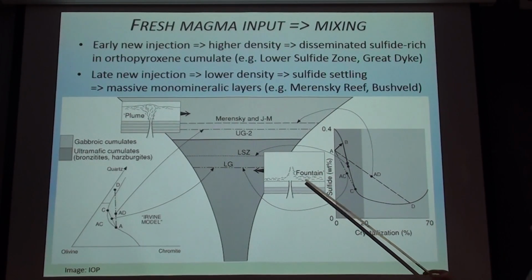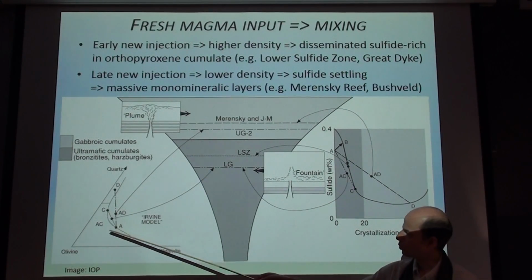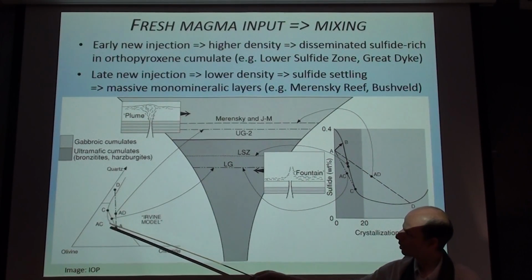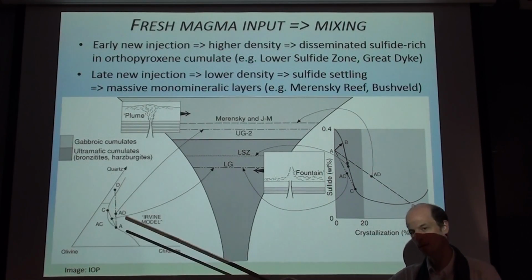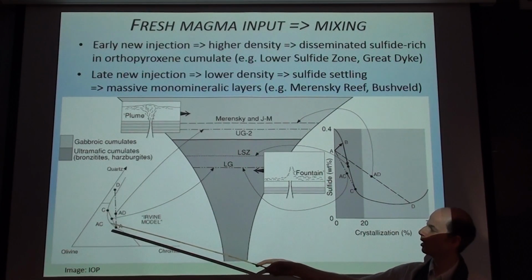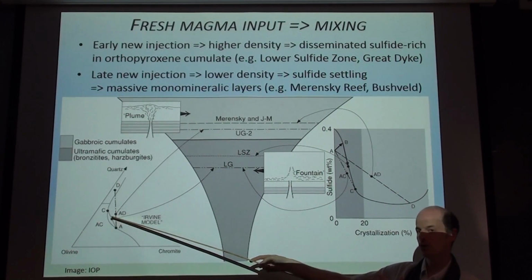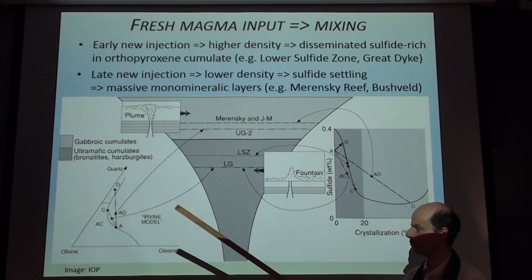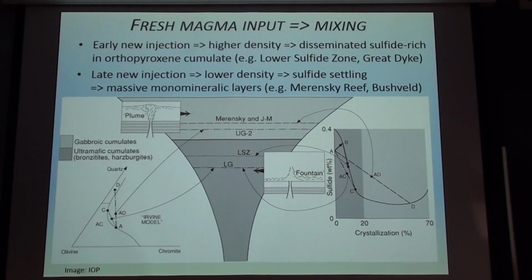We form this fountain behavior of mixing, because we are forming it relatively early in the history of crystallization. There isn't that strong saturation of oxides, and so we form not that rich disseminated deposits.